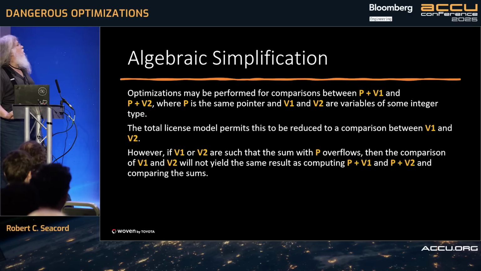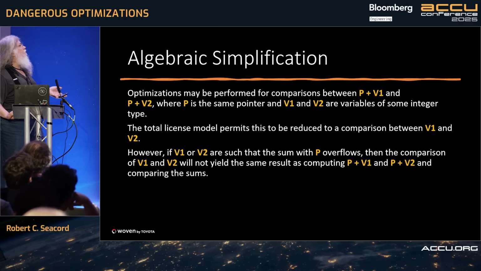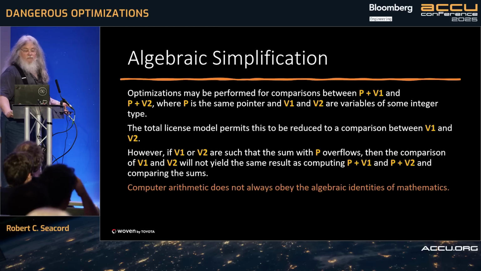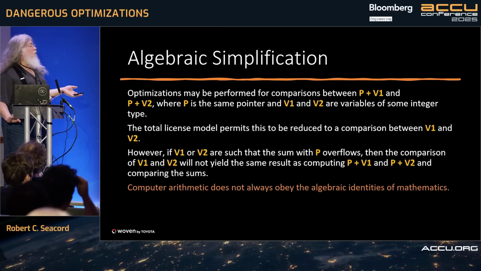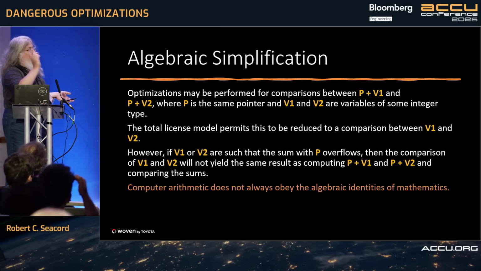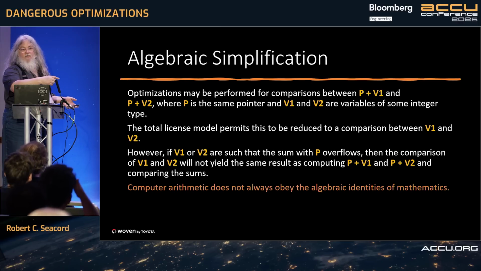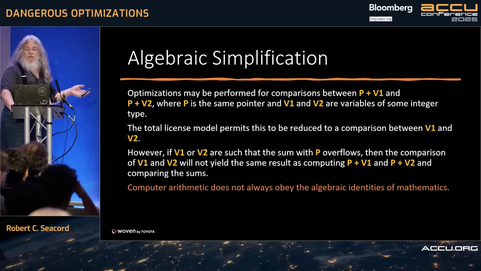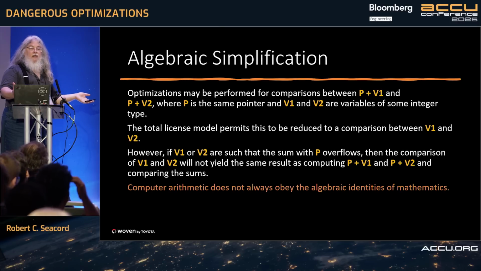However, if V1 or V2 are such that the sum with P overflows, then the comparison of V1 and V2 doesn't give you the same result as performing the computation and then comparing. In general, computer arithmetic doesn't always obey the algebraic identities of mathematics. The only reason this transformation is allowed is because the behavior is undefined. So again, the compiler can ignore the possibility that this has happened, and it's going to generate code which produces a mathematically incorrect result.